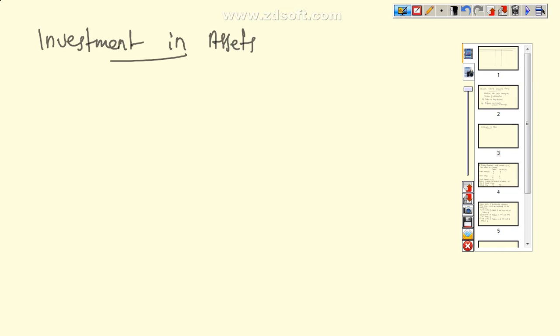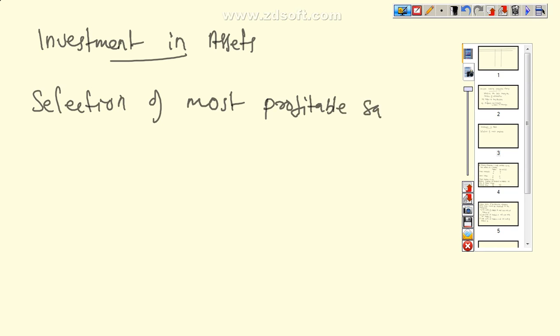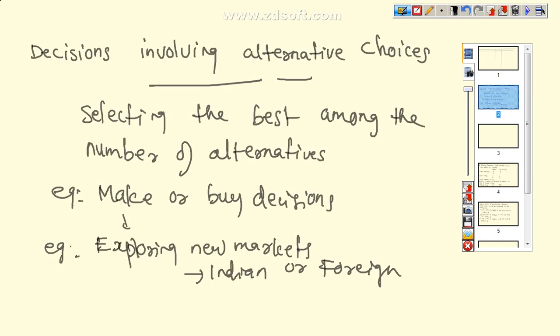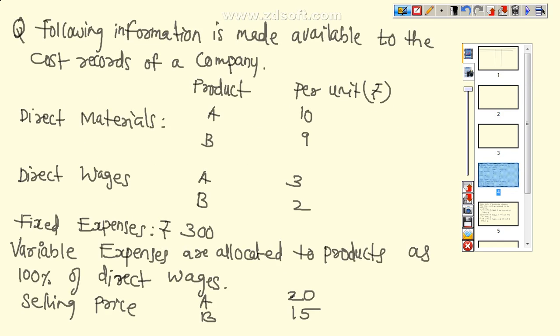So the first numerical in this chapter we start with determination of sales mix, means selection of most profitable sales mix. So let's understand the question first. Here the following information related to the cost record of a company.